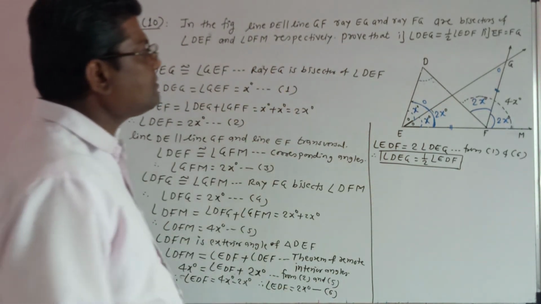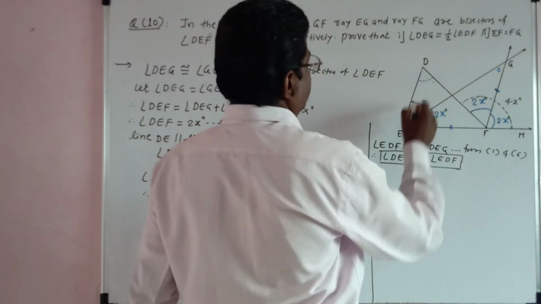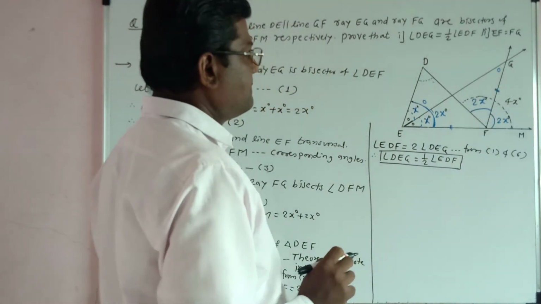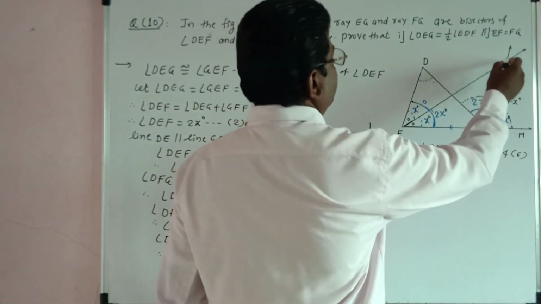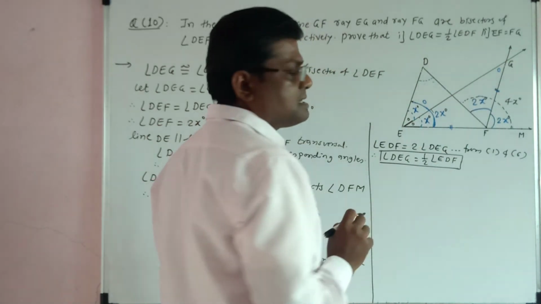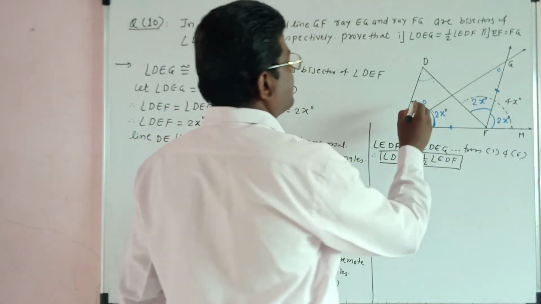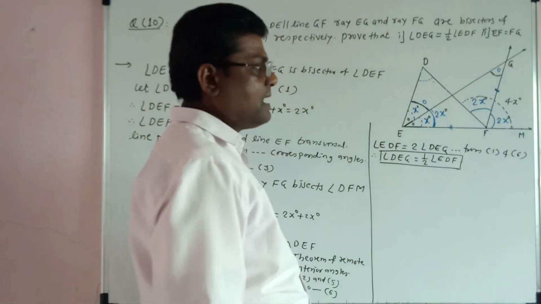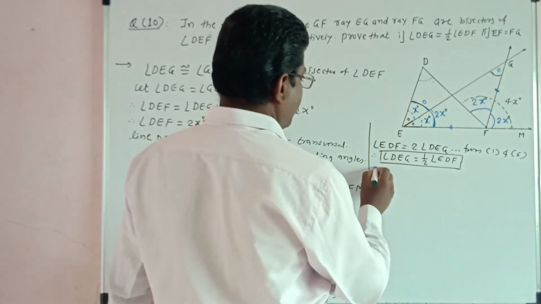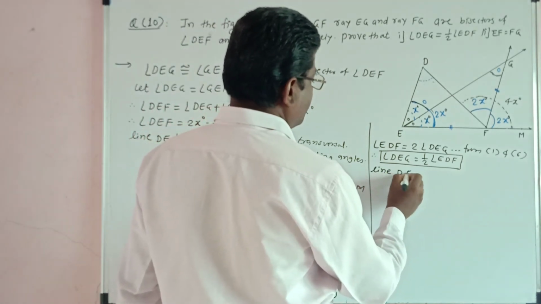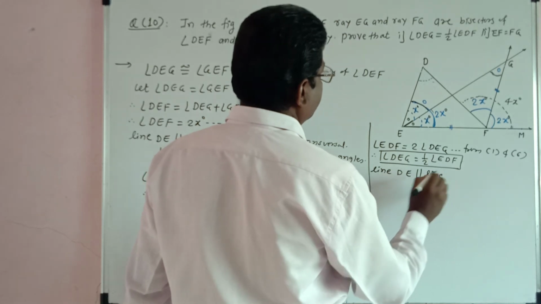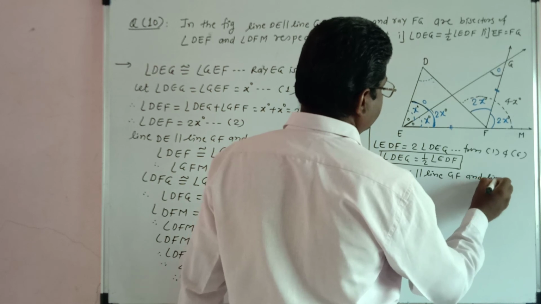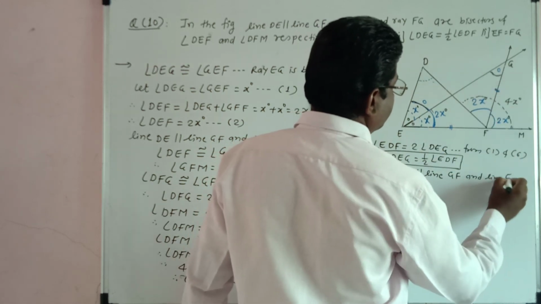Now consider line ED parallel to line GF and EG transversal. Then this angle and this angle are alternate angles. Now line DE parallel to line GF and line EG transversal.